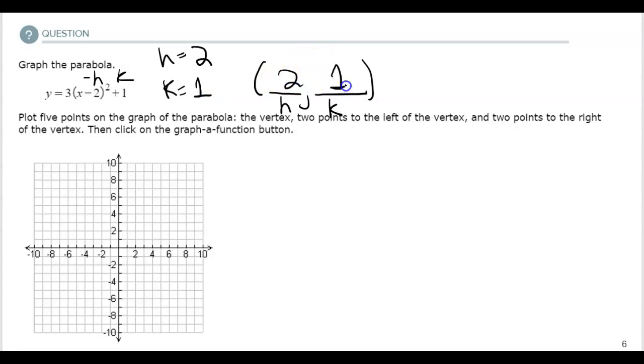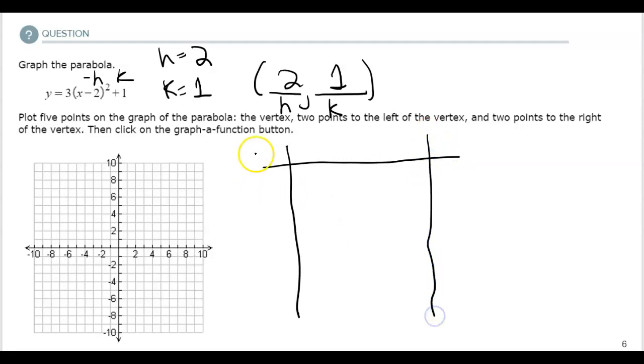So the vertex is 2, 1. I'm going to do 2, 1. I'm going to do 1 and 0, 3 and 4.